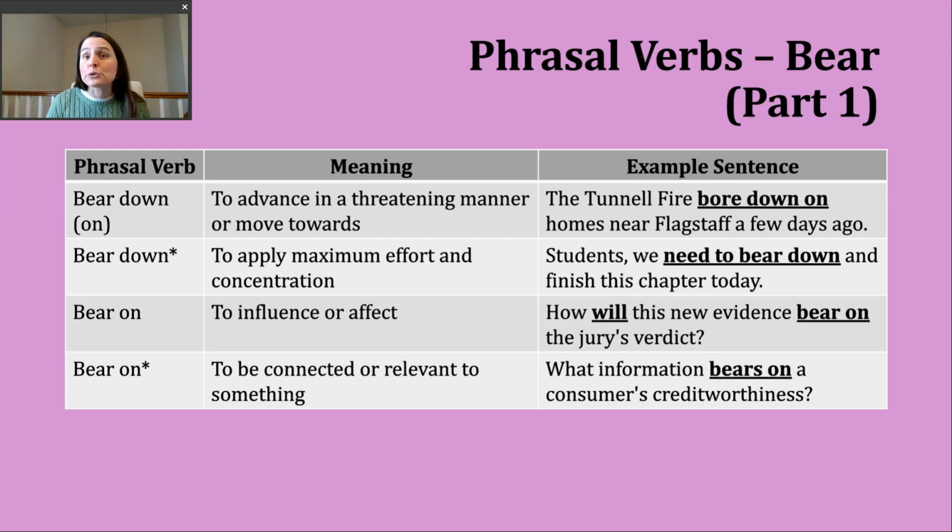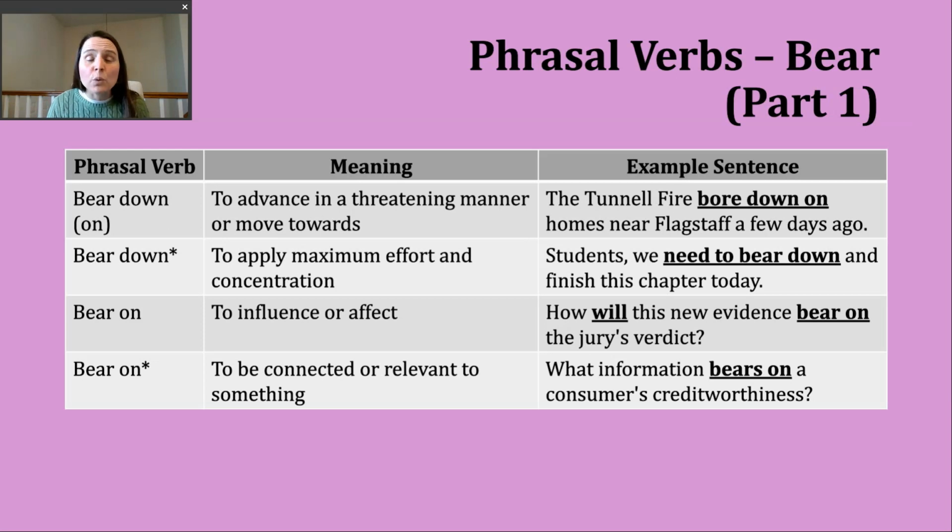A second way we can use bear on is to mean to be connected or to be relevant to something. An example here. What information bears on a consumer's creditworthiness? Okay. Here's an example of a simple present question. It's a more information question. I'm asking for someone to describe what is connected or what is relevant.